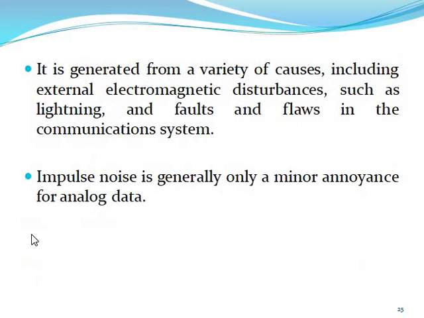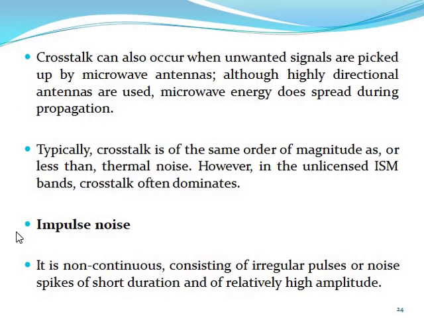It is generally from a variety of causes, including some external electromagnetic disturbance such as lightning or any fault in the communication system. Impulse noise is generally only a minor annoyance for analog data. So this is crosstalk and impulse noise.